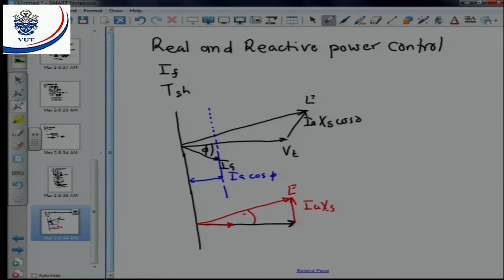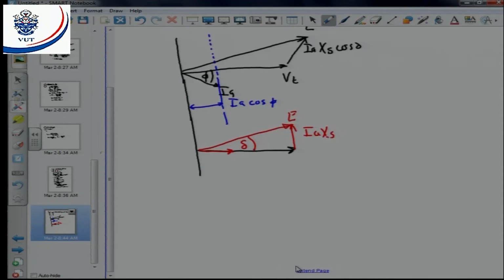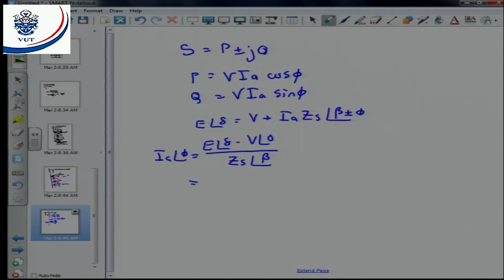We can say that E angle delta minus V angle 0 divided by ZS angle beta is equal to the current IA at an angle of phi. If we break that up, we have E angle delta divided by ZS angle beta, and V angle 0 over Z angle beta.